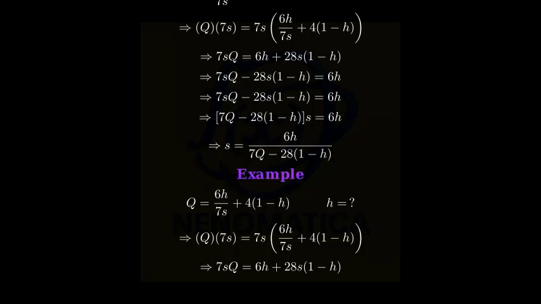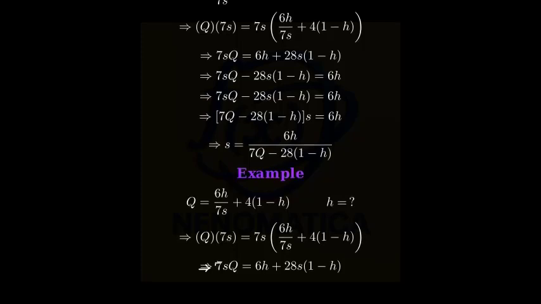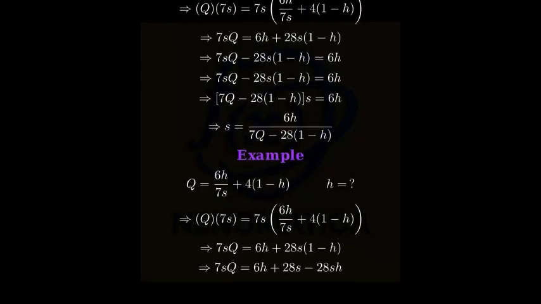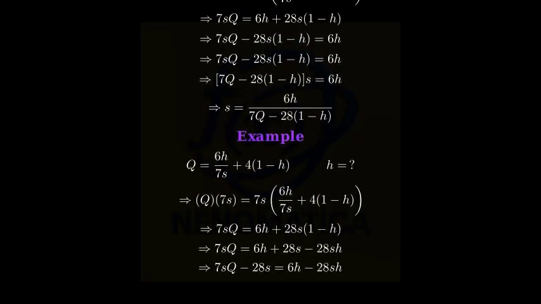Now, let's expand the right side of our equation. We get 7s times q equals 6h plus 28s minus 28s times h. Now, let's rearrange the equation to group the terms with h together. We subtract 28s from both sides to get 7s times q minus 28s equals 6h minus 28s times h.